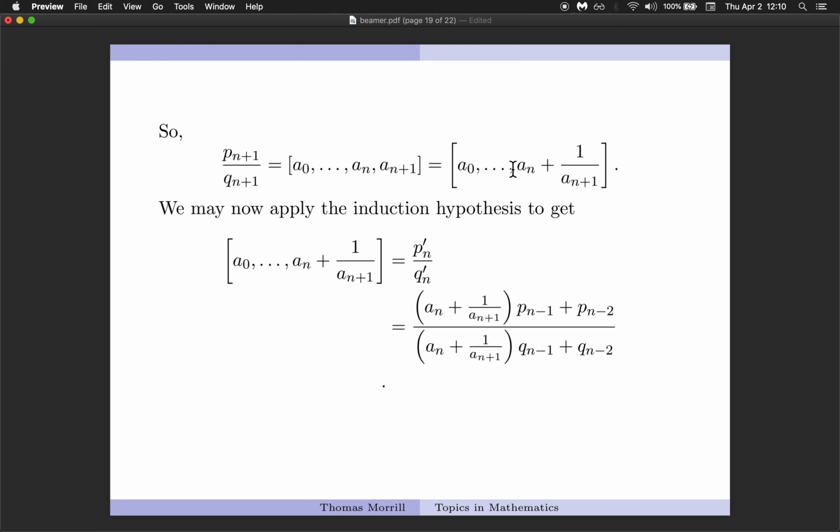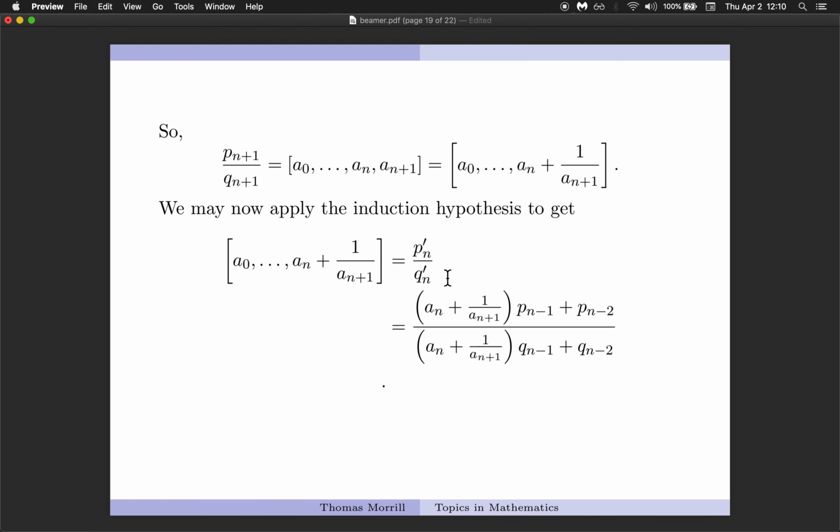I'm being a little tricksy here because this last bit is not an integer. It's an integer plus some fraction. So when I put all of these numbers into the continued fraction formula, I'm allowed to use my induction hypothesis and say, well, this will be some numerator pn prime.